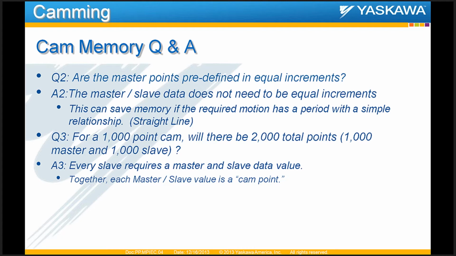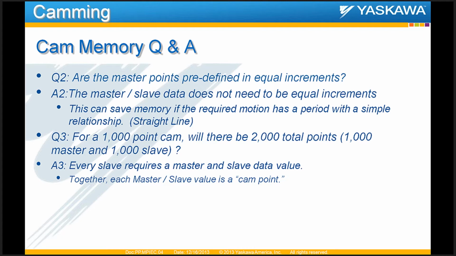So if you have a section of the cam that doesn't require any particular resolution or detail, then a straight line will be just as good, because we will again do the interpolation between those points, and that's the memory savings there.